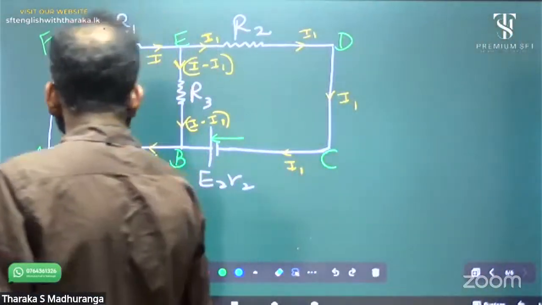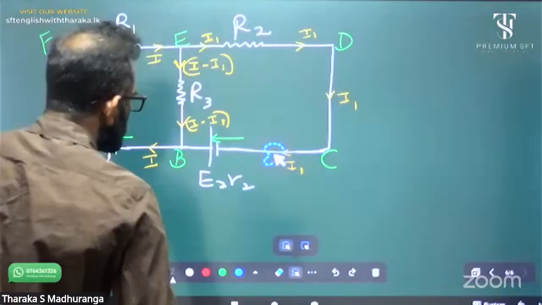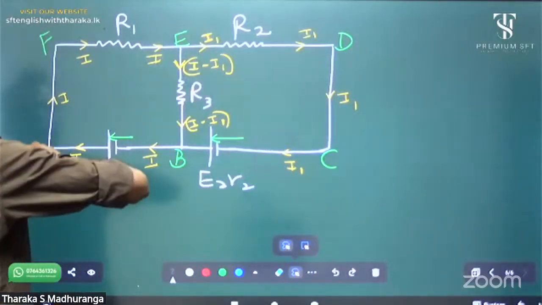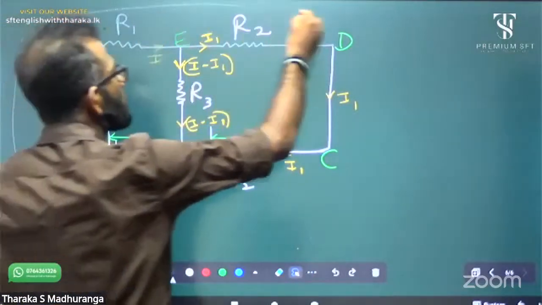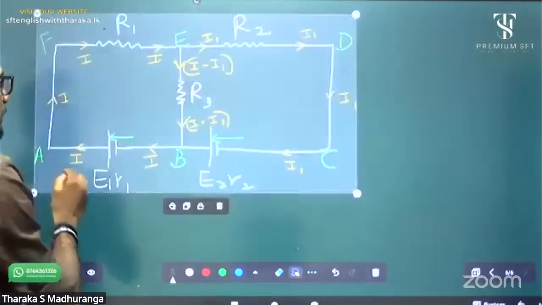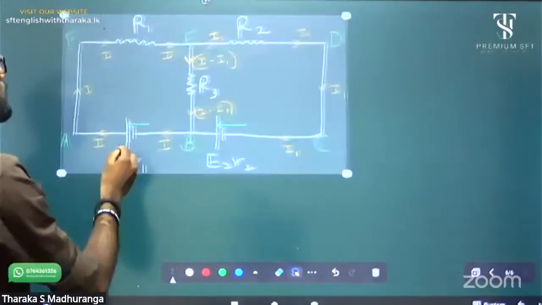I told you, for this type of circuit we have to apply Kirchhoff's law for at least 2 closed loops.